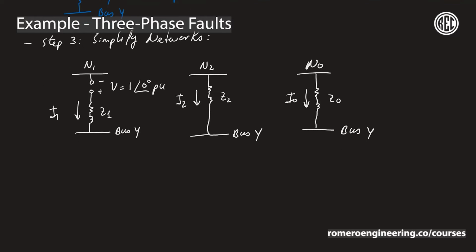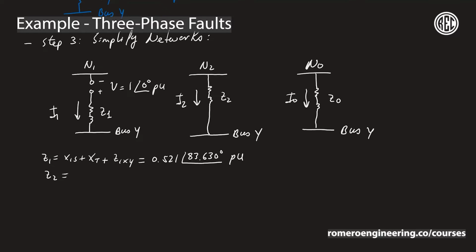In our case, Z1 is equal to X1S plus XT plus Z1 XY. If I calculate that, it's equal to 0.521 at an angle of 83.63 degrees, in per unit.